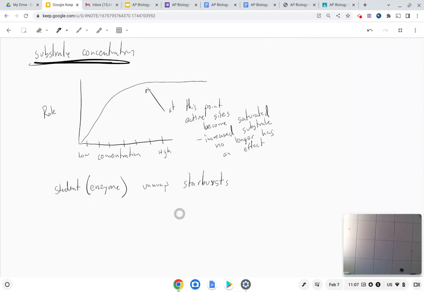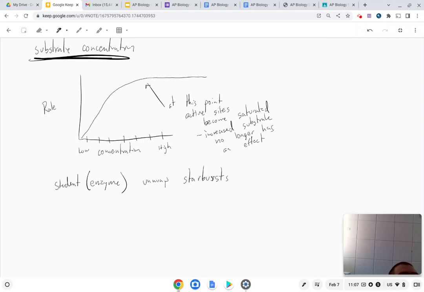And let's say that generally it takes the student about 1 second to unwrap it. If I'm dishing out a starburst to that student once every 30 seconds, they can easily react and unwrap the starburst, right? So if I start giving them starbursts faster, they're going to be able to perform more reactions.